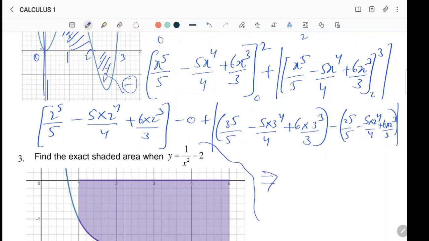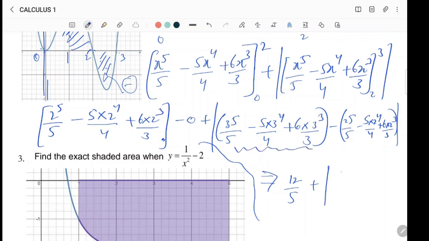And let's do this calculation by calculator. So after using calculator, this part will give us 12 over 5, then plus mod.